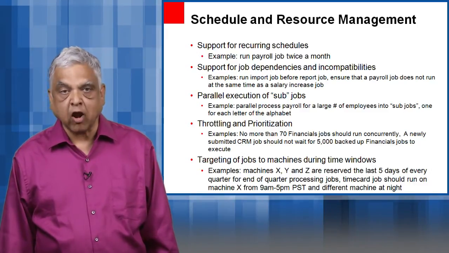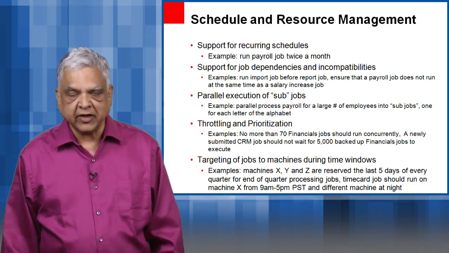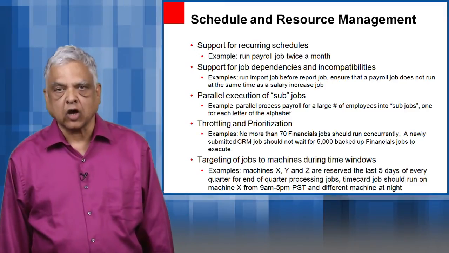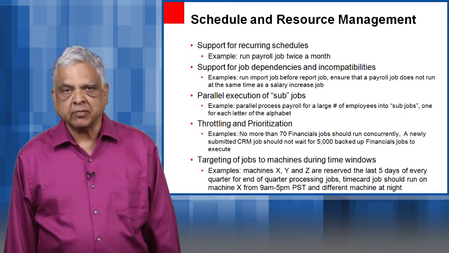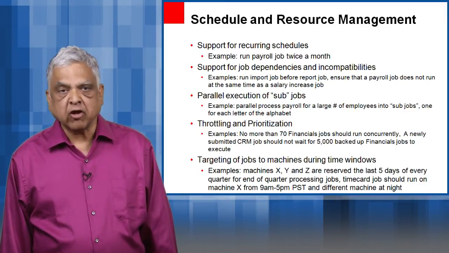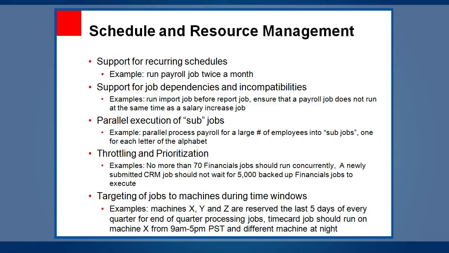So that's the priority, and throttling is where you limit the total concurrency of the job to a predetermined value. And you can also target jobs to specific machines. Typically a job runs anywhere in the cluster, which is the ESS cluster, but you can also say run this job only on this particular managed server in the cluster.